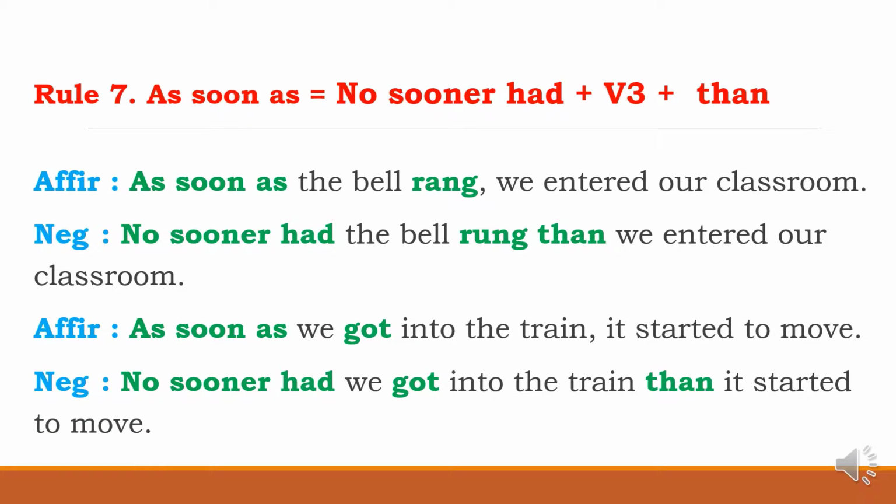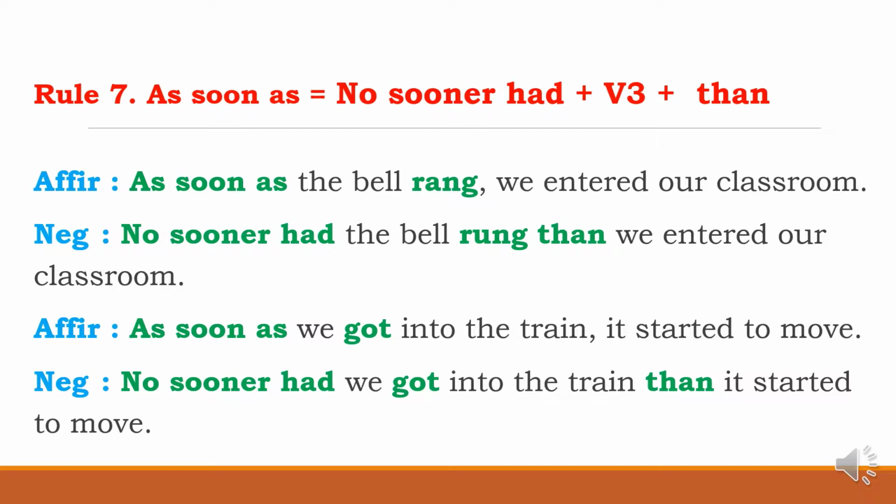Similarly, "As soon as we got into the train, it started to move." Its negative form is "No sooner had we got into the train than it started to move." So in this sentence as well, we have used "no sooner had" instead of "as soon as."